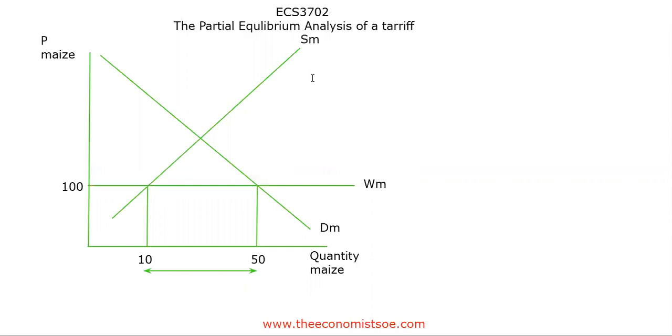If it imposes a 100% tariff on the importation of maize, let's say this is an ad valorem tariff, the world supply will shift upwards. Okay, this is now world supply of maize plus a tariff.